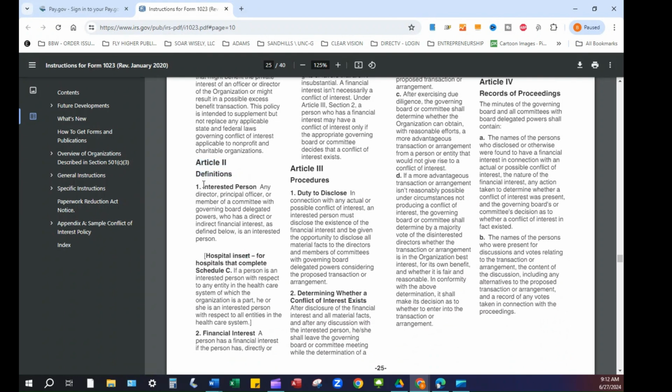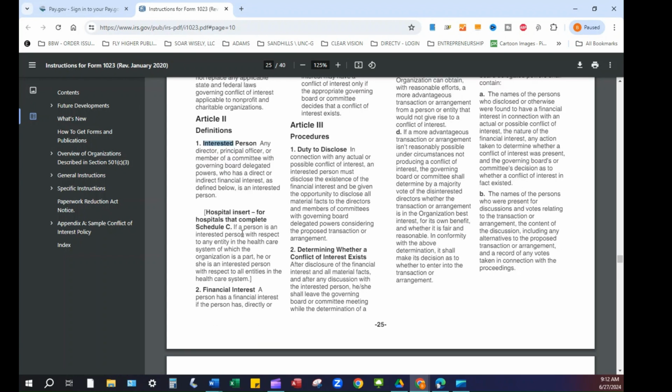And it's talking about interested person here, telling you what it means by an interested person. Any director, principal officer, or member of a committee with governing board delegated powers who has a direct or indirect financial interest. So that is an interested person. They're giving you the definition. I mean, that's what Article 2 is, definitions.